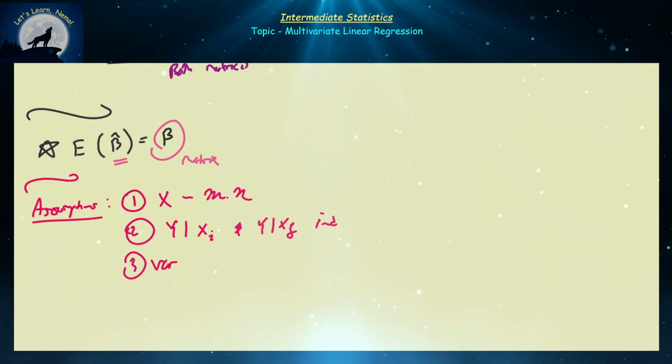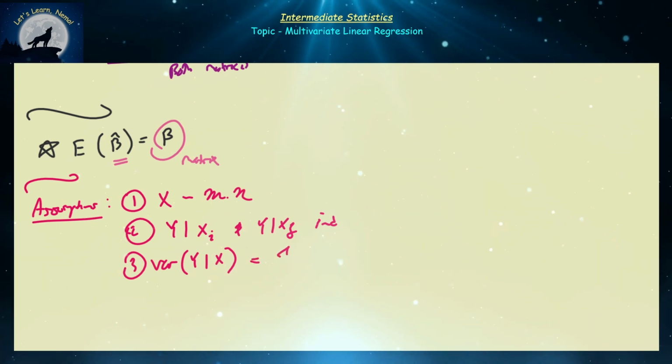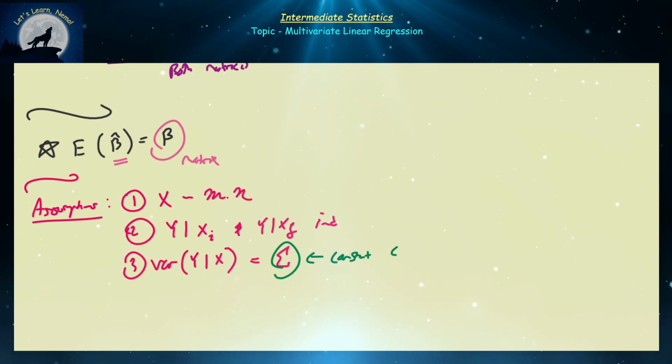The third is that the variance of these variables should be constant regardless of the values that you're looking at. Keep in mind y is now a matrix, so this also needs to be a matrix. That's going to be our constant covariance matrix. So we're going to have these three assumptions.